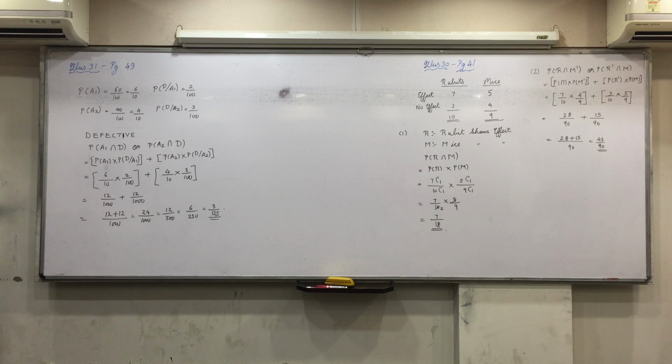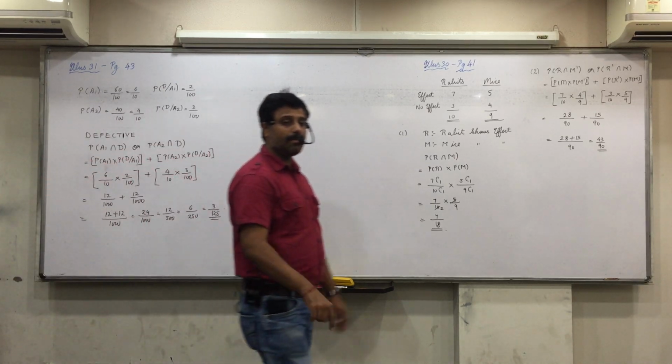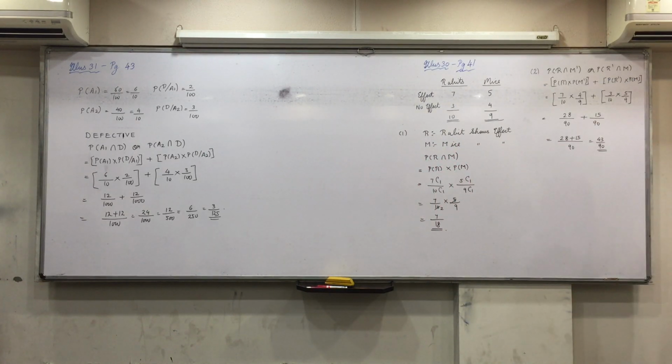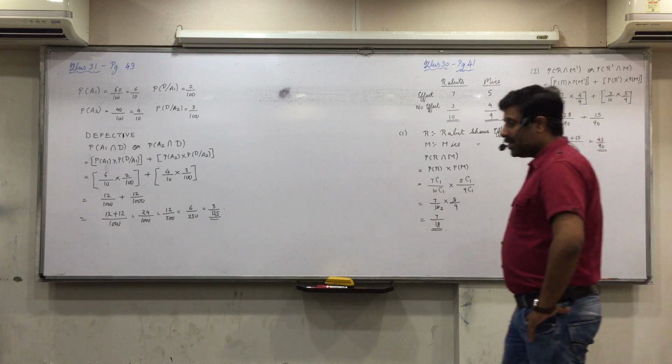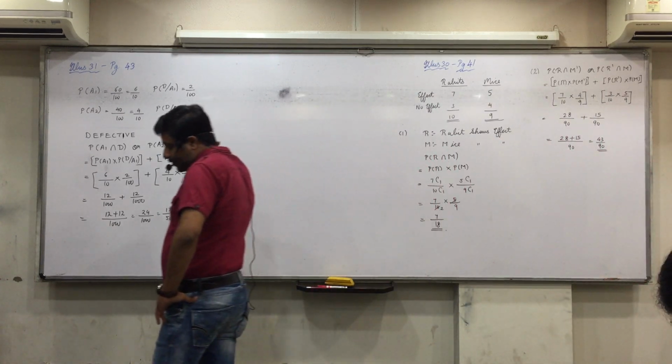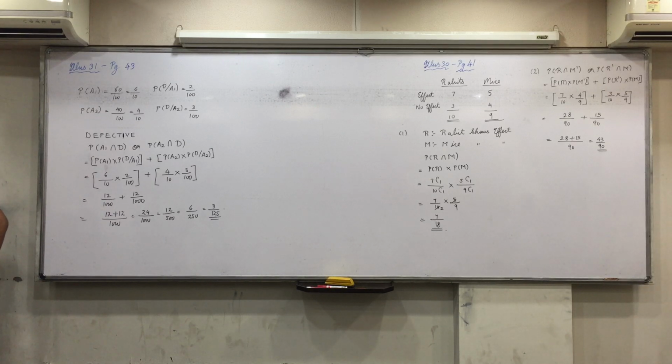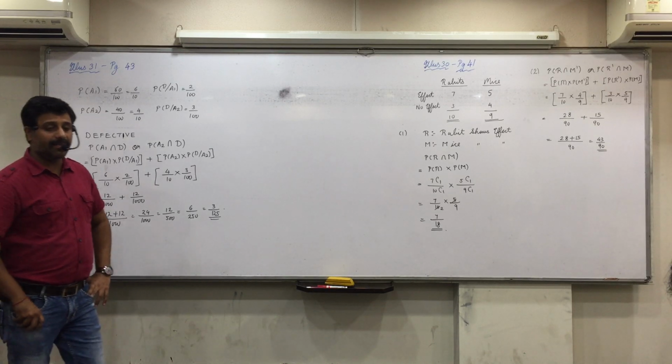So first we define three events, then you write down these probabilities. Write down: let event A1 be the event that the item is selected from factory A1.